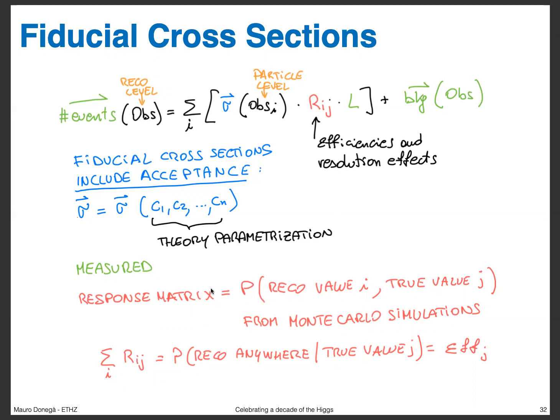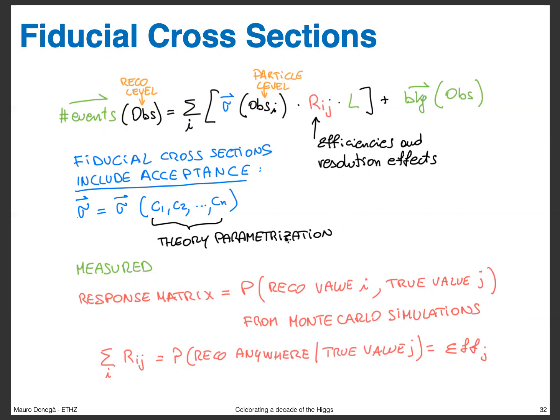So essentially, the response matrix gives you the probability for an event produced in a true bin j to be reconstructed in a RECO bin i. And so, for instance, if you sum over all i's, so you take the probability for an event produced in a given bin at true level to be reconstructed anywhere, this gives you back the efficiency in that bin.